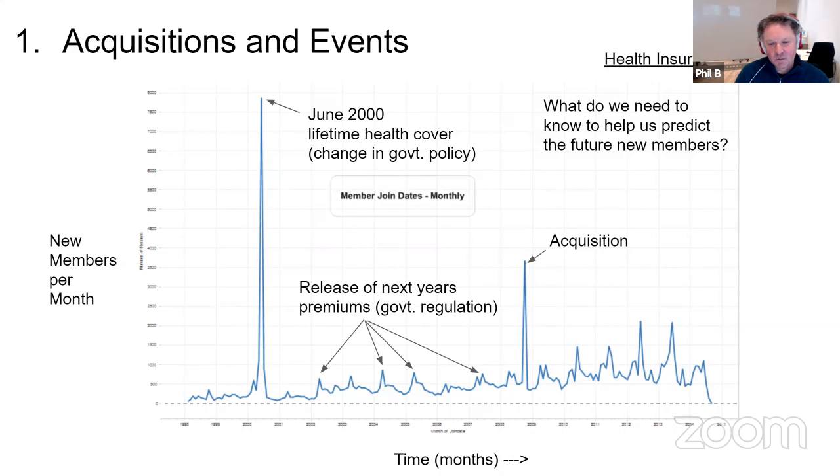And then there's a whole bunch of other spikes going on in this data set. What they are is, there's some government regulations that make you release what your premiums are going to be for the next year. What happens is a lot of people then shop around to change their policies, and if your incumbent insurer's price goes up, you might jump ship and go and join another company.